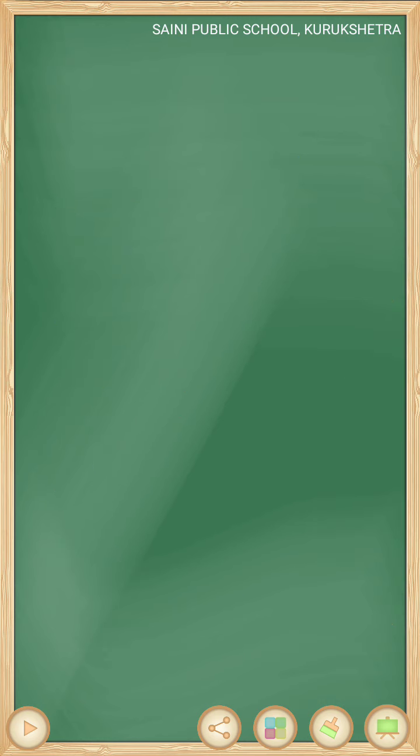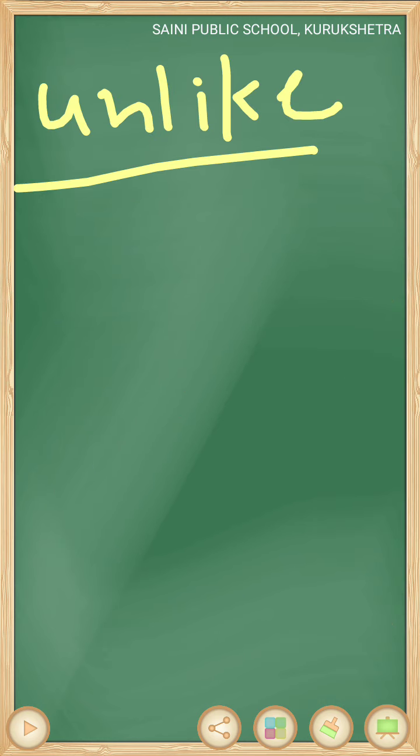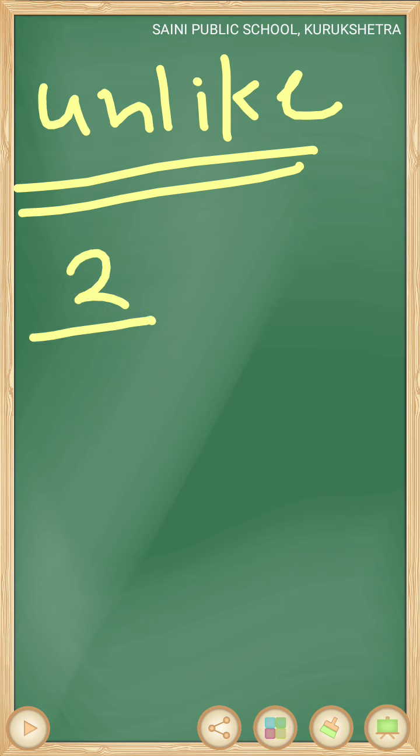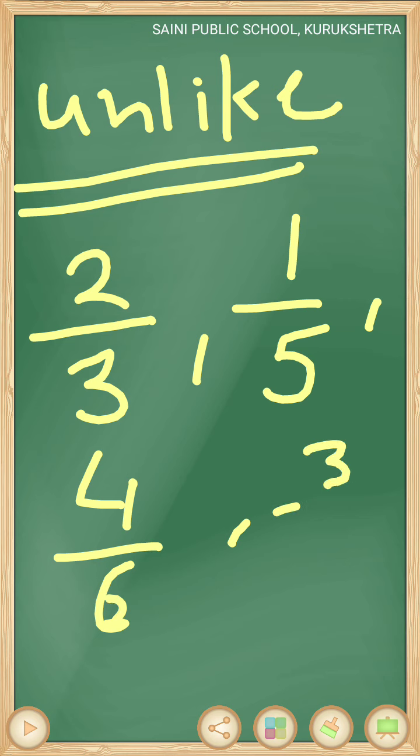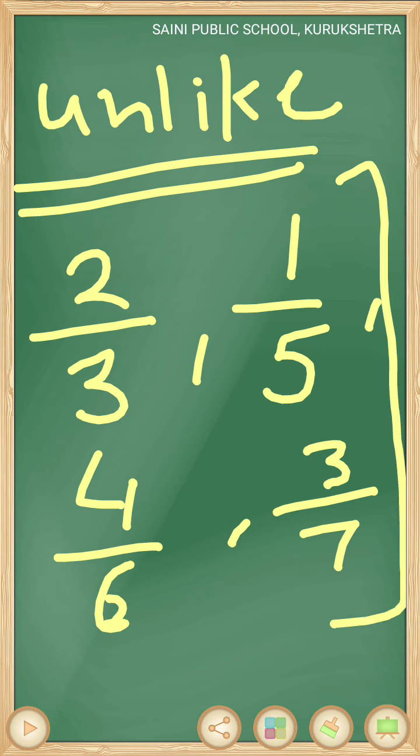Now, what are unlike fractions? Unlike fractions are fractions with different denominators. For example, I am writing 4 fractions: 2 by 3, 1 by 5, 4 by 6 and 3 by 7. These all are examples of unlike fractions.